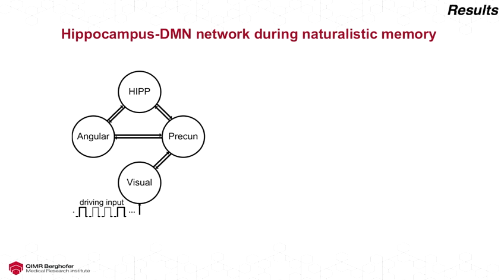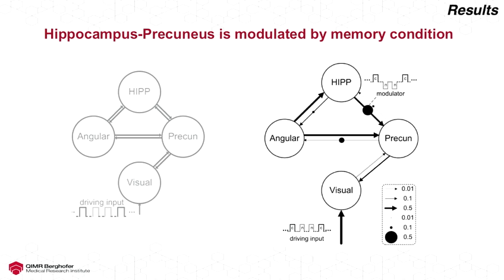So we used dynamic causal modeling to look at their network interaction. I don't have time to go into the technical details, but the overall winning model highlights the connection from the anterior hippocampus to the precuneus, which is significantly enhanced or modulated by the memory task we designed.